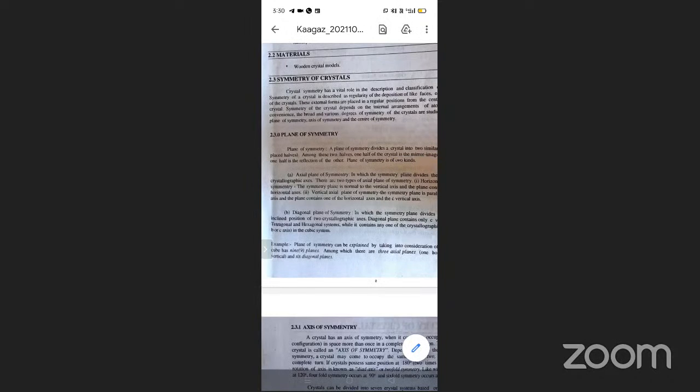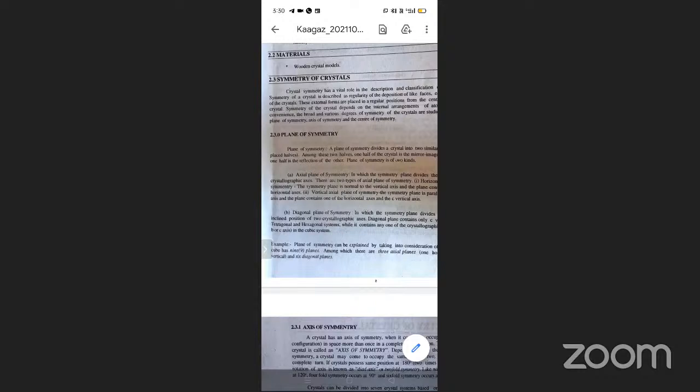In an axial plane of symmetry, the plane divides the crystal along the crystallographic axis. There are two types of axial planes we have to identify. One is the horizontal axial plane, where the symmetry plane is normal to the vertical axis, and the plane contains two or three horizontal axes.